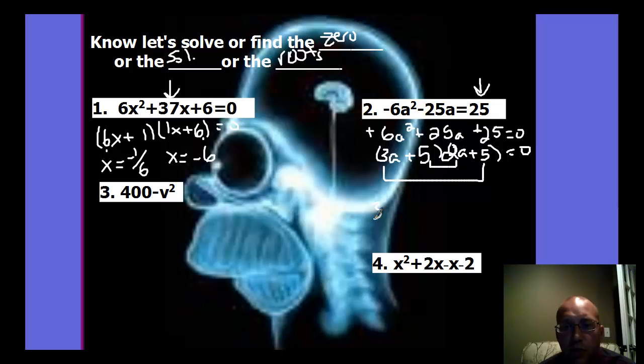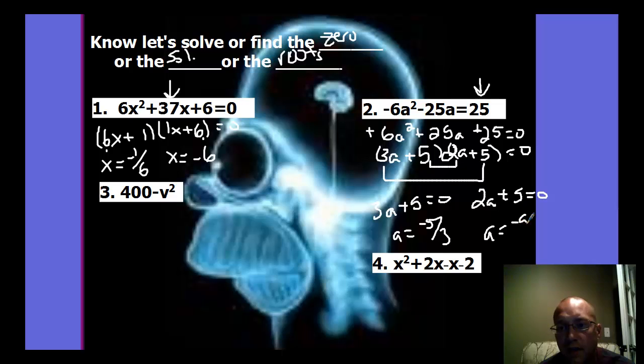So I take each parenthesis and I set it equal to 0, and I solve. So for this one A is going to be negative 5/3. For this one A is going to be negative 5/2. The next one, these don't have it equal anything, but since we said the roots or zeros, then we automatically know we set it equal to 0.